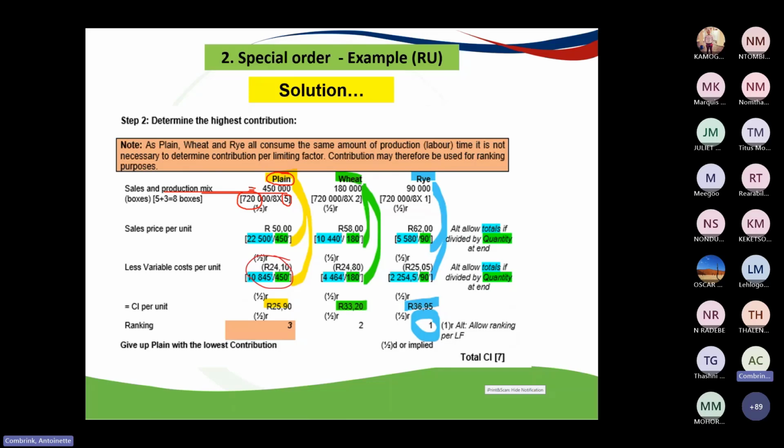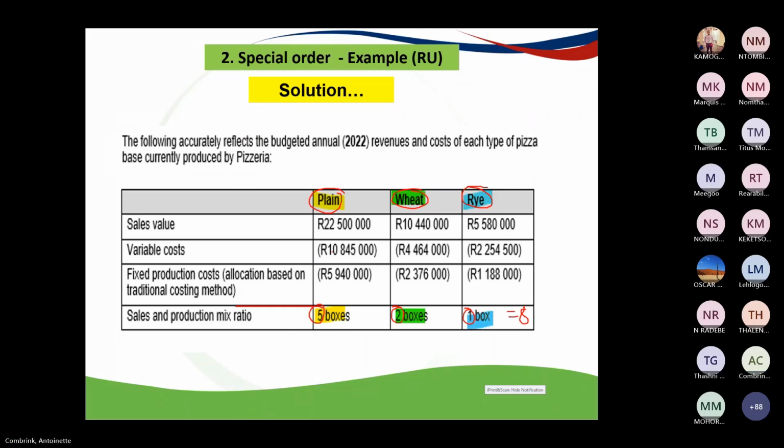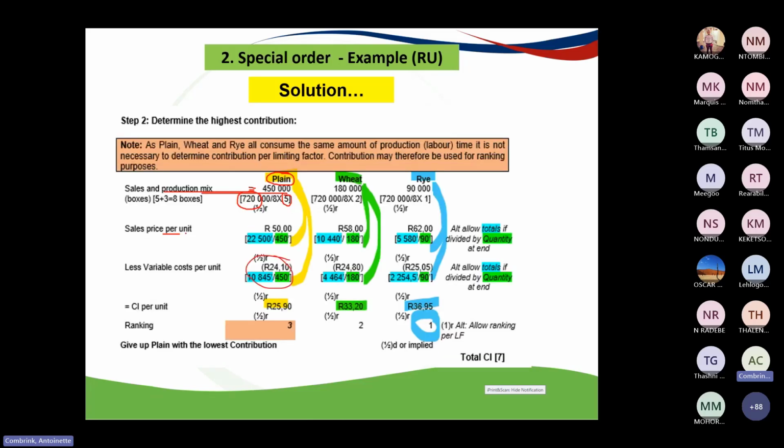So now we've calculated the quantity. So now we're going to calculate what is the sales price and what is the variable cost. So this variable cost, we just take it from the table that we've got here, and we divide the sales price and the variable cost to get the per unit sales price and the per unit variable cost.